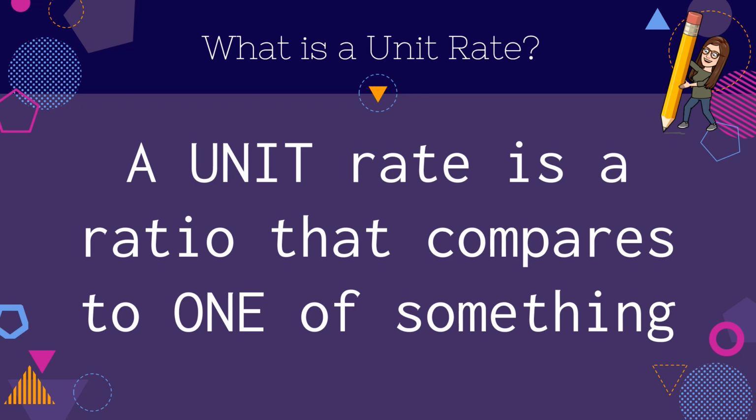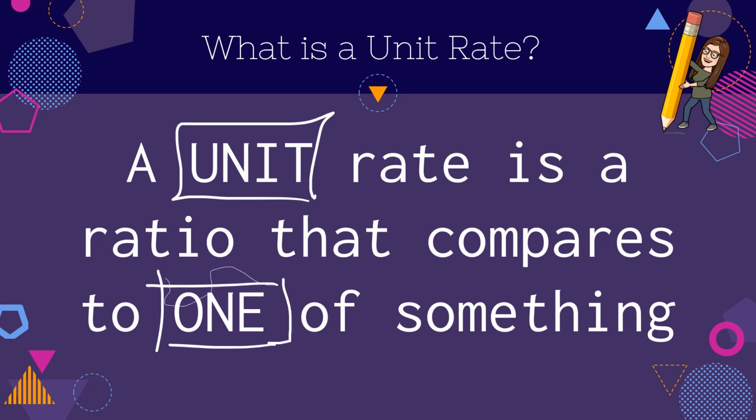Let's also expand that idea of rate to talk about a unit rate. A unit rate is a ratio that compares to 1 of something. So again, using the speed of a vehicle, if I'm going 45 miles, that's per 1 hour.